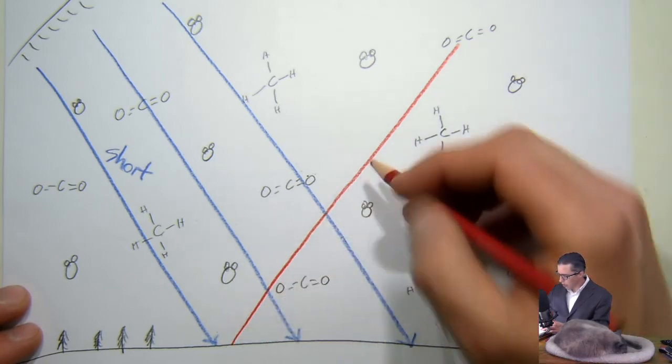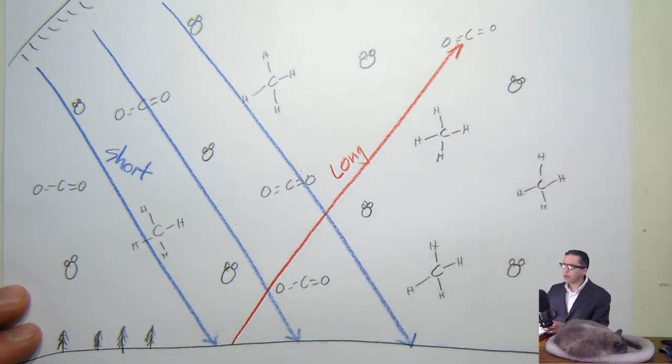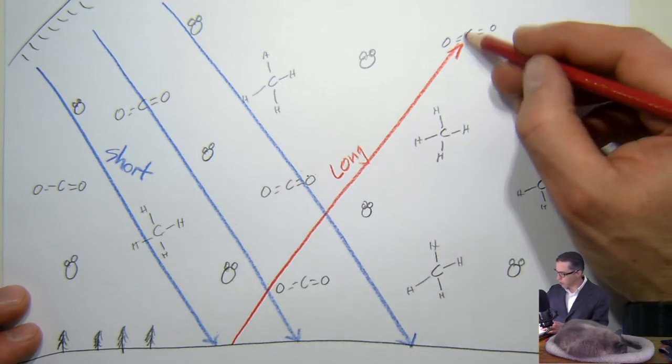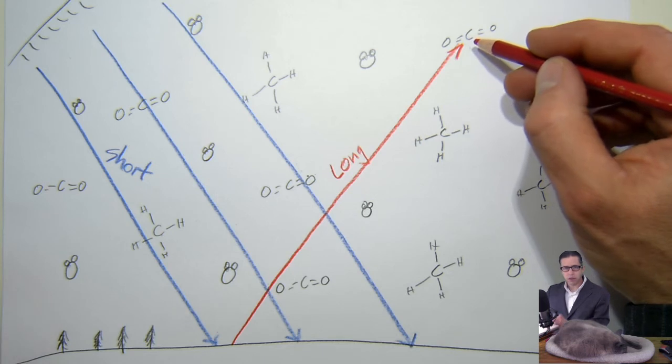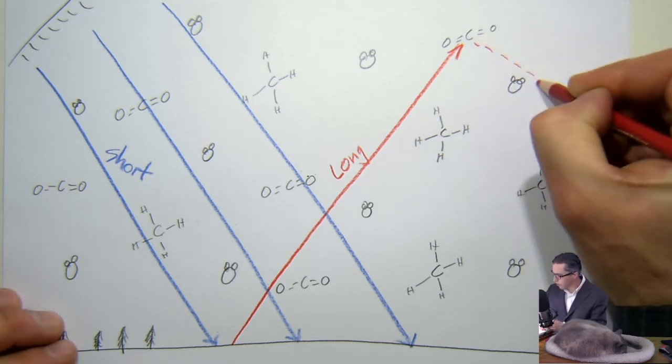This outgoing long wave, coming out, is going to interact with this CO2. CO2 gets excited, wiggles, shoots out a photon in some random direction. Okay?